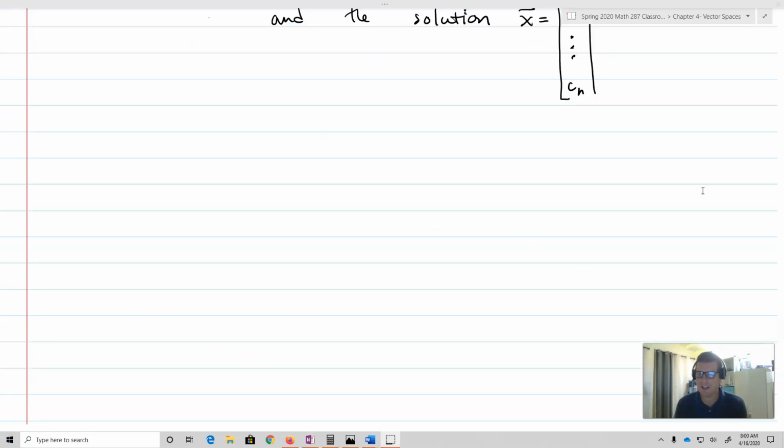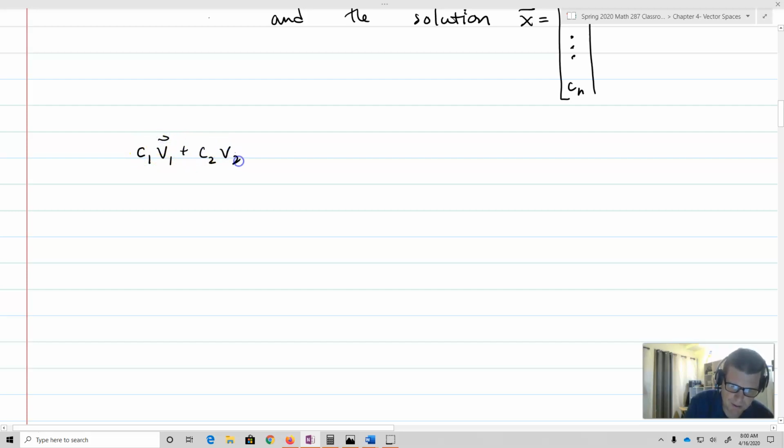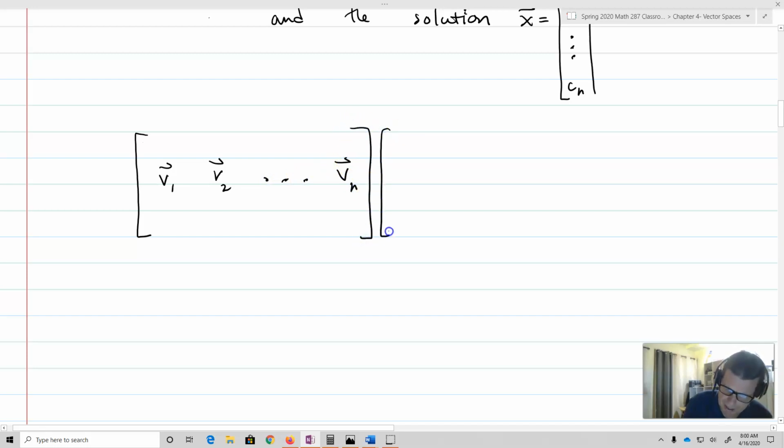Well, let's see how this actually works. Let's do this the other way around. Let's say we have A, and A is that matrix made up of the column vectors V1, V2, all the way up to Vn, and we're going to multiply that by C1, C2, up through Cn.